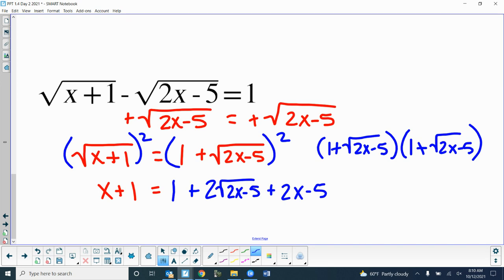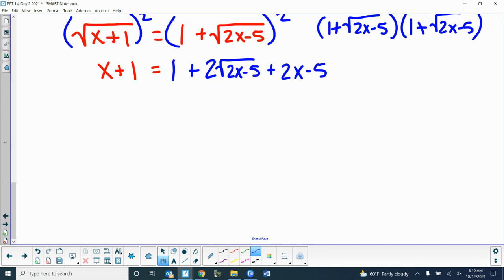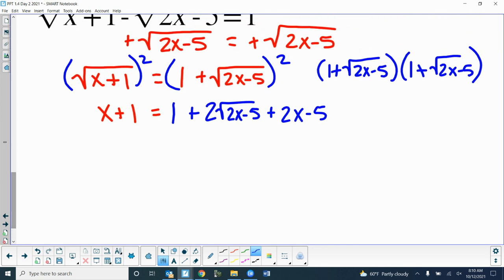Now, I still have a radical. So what should I do? I'm going to get rid of that radical. How do I get rid of this radical? Square. Square, but before I square it, I got to get stuff on the other side, right? All right, so how do I move the 1? Subtract. How do I move the 2x? How do I move the 5?